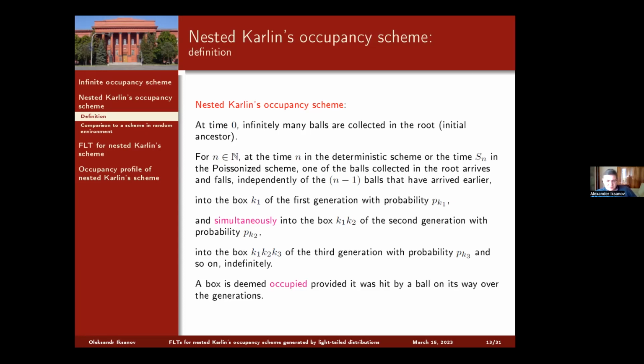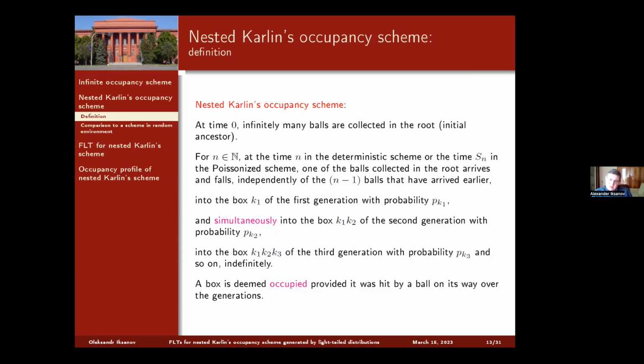one of the balls collected in the root arrives and falls, independently of all the balls that have arrived earlier, into the box k1 of the first generation with probability pk1, and simultaneously into the box k1,k2 of the second generation with probability pk2, into the box k1,k2,k3 of the third generation with probability pk3, and so on indefinitely.